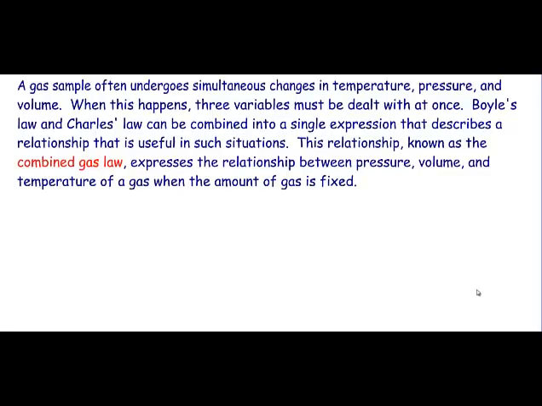Well, what do you do in circumstances when both the temperature and the pressure are varying simultaneously? When that occurs, you use what is known as the combined gas law.